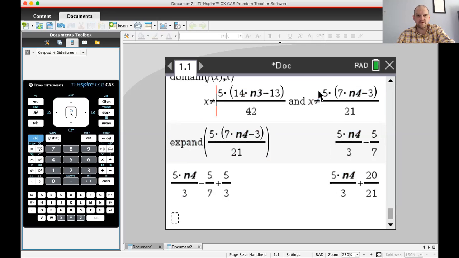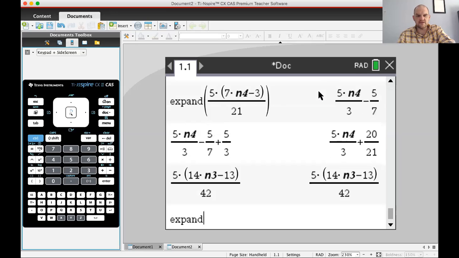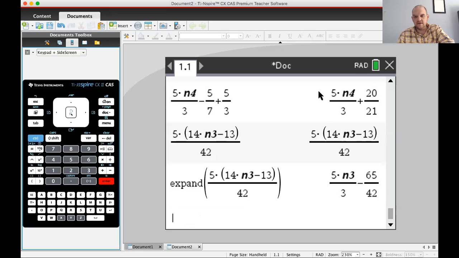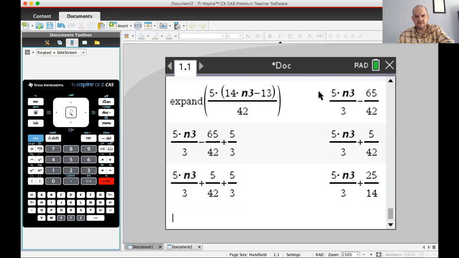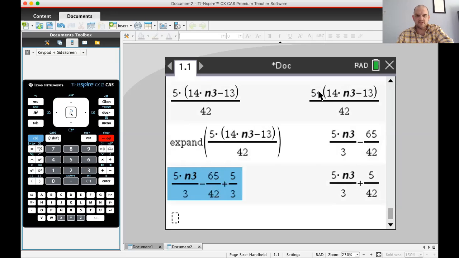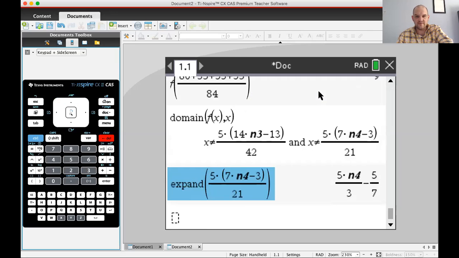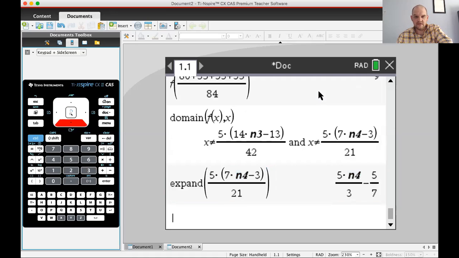I don't know what this is. Let me expand it. Whew. Let me add 5/3. Let me add 5/3. What are you? I do not know. I don't know why it's spitting this out. Did it give me a warning? Is this like some extraneous domain restriction? It doesn't really seem to be.